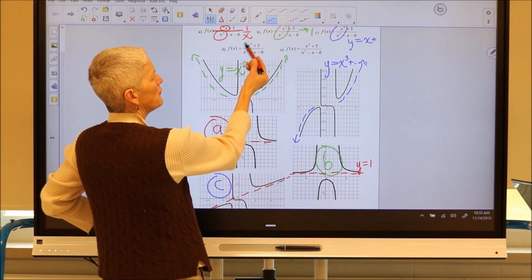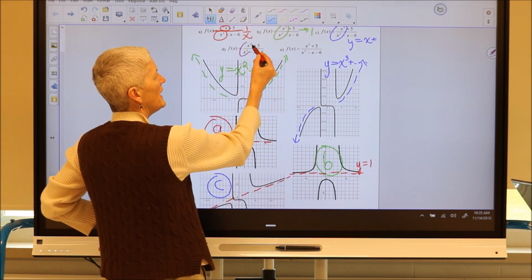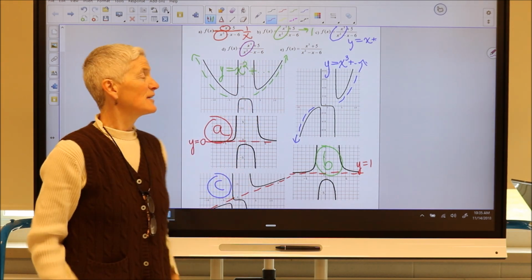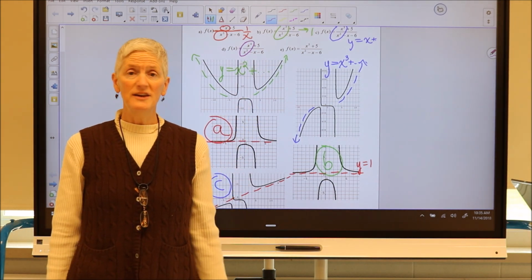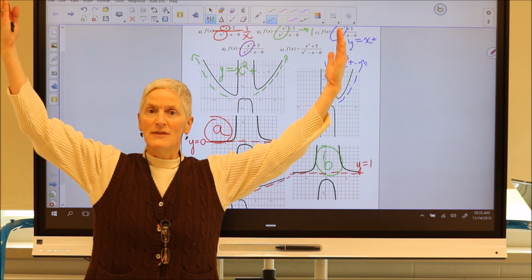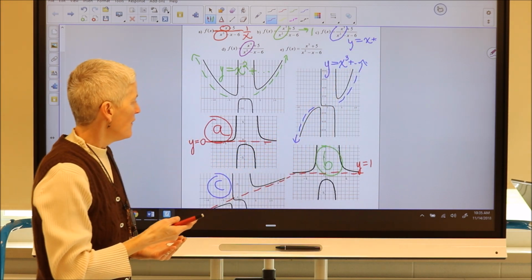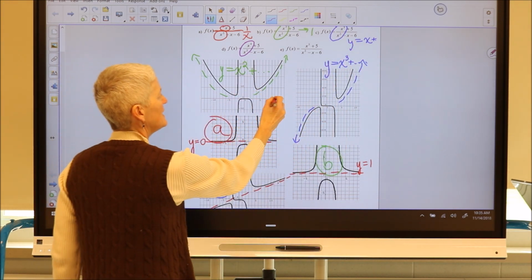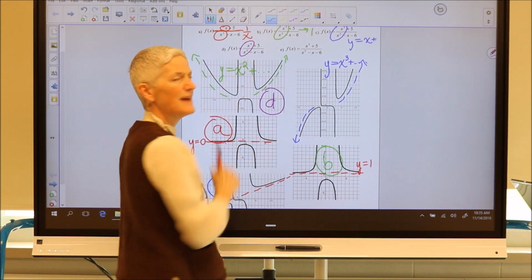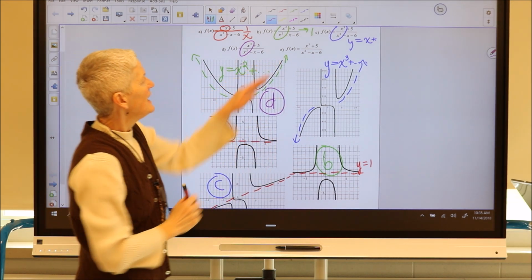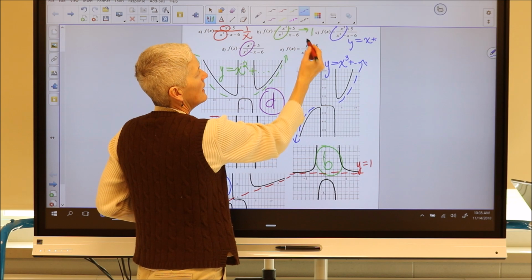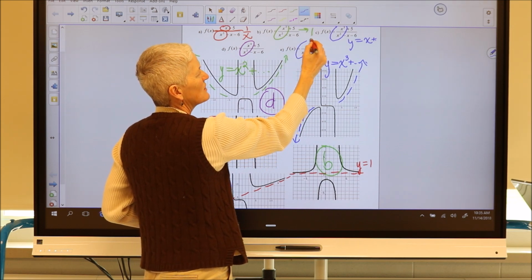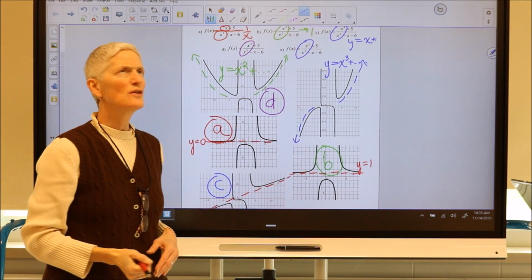I have an x to the fourth divided by an x squared. If you imagine dividing x to the fourth divided by x squared, what are you going to get? X squared. Hey, that's this puppy right here. Okay, fantastic. And E, we're imagining dividing an x to the fifth divided by x squared.